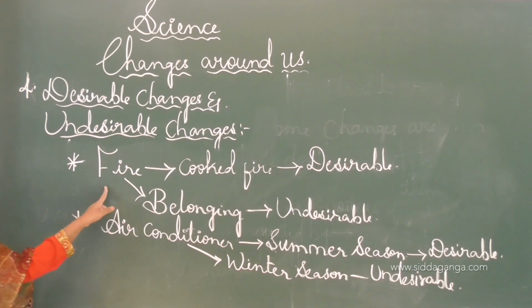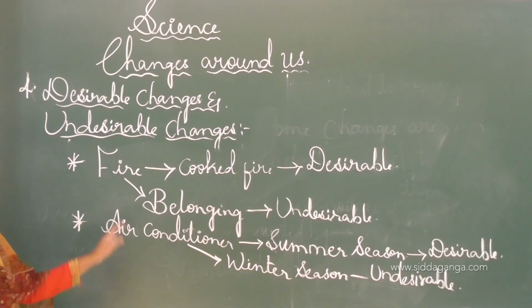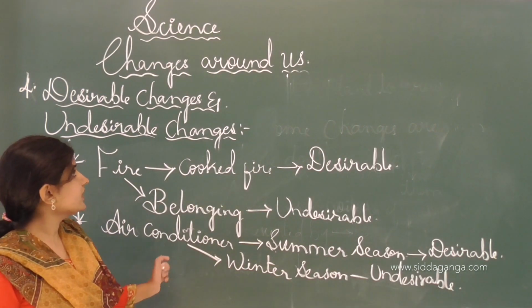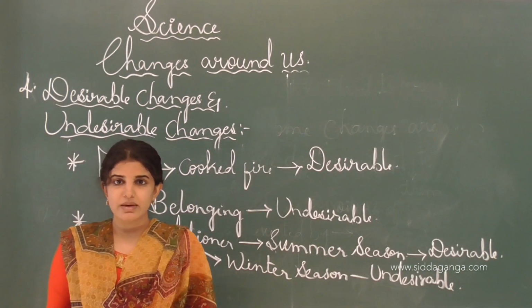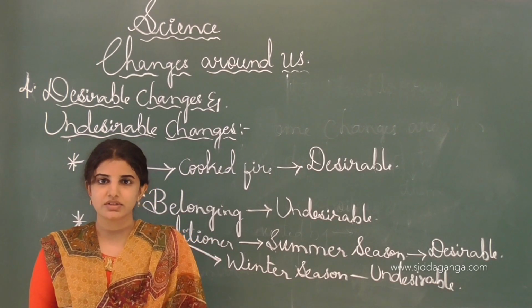The fire used to cook food is desirable, and the same fire burning our belongings is undesirable. Like that, the air conditioner is useful during the summer season and desirable. This is how we can distinguish desirable change from undesirable change.